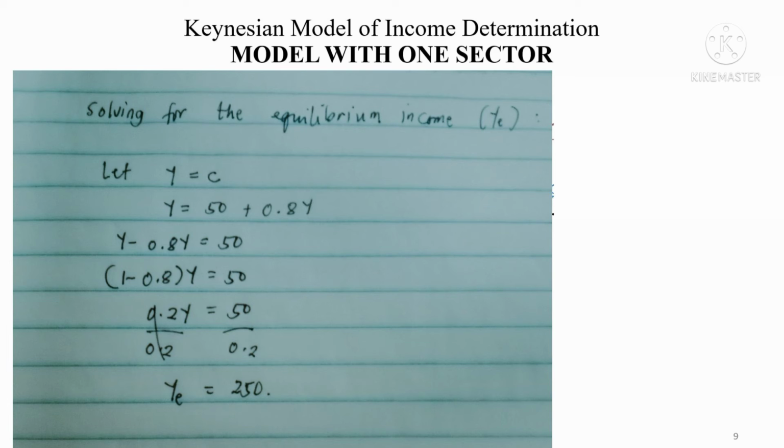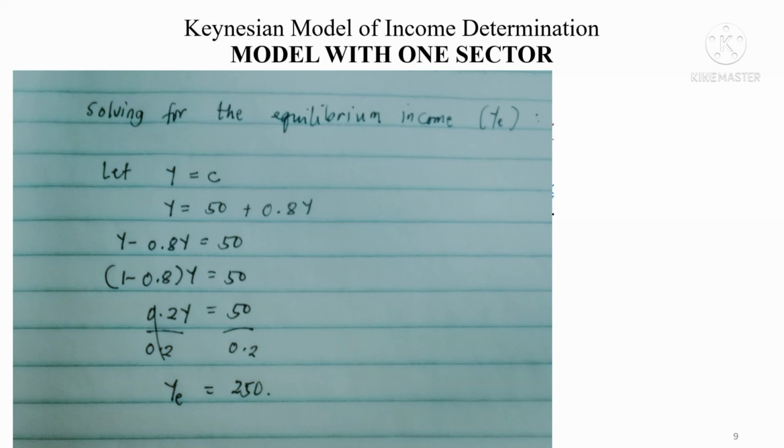Next, we factor out similar terms. So we factor out Y: 1 minus 0.8 times Y is equal to 50. 1 minus 0.8 is equal to 0.2Y.